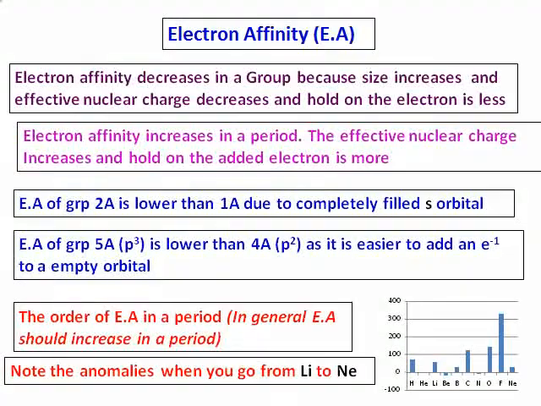For example, from lithium to beryllium, beryllium has lower electron affinity, and carbon has a higher electron affinity. Between nitrogen, oxygen, fluorine, the trend is pretty okay. So it's not as simple as ionization energy. There are a lot of anomalies, so you have to remember these things in order to predict which one has a higher electron affinity.